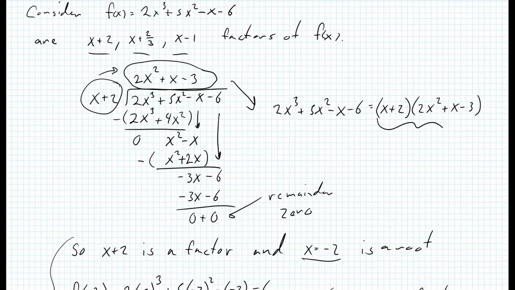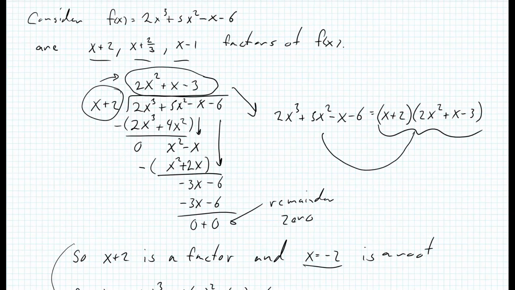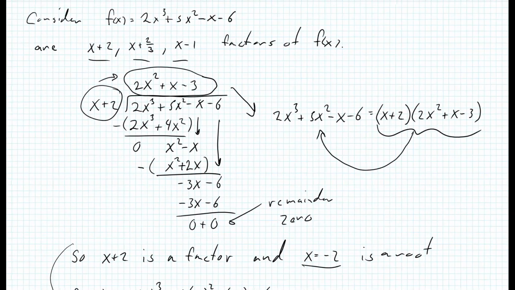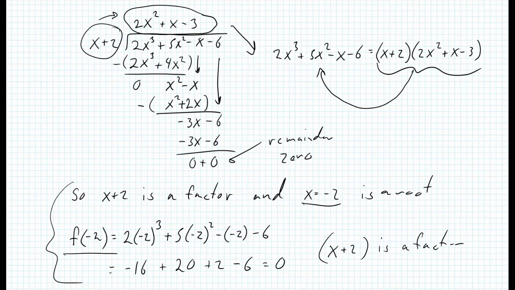If I multiplied out that right-hand side, I would get that. So evaluating the function at a possible root will tell you if it's a root or not, and that tells you whether you figured out the factor or not. But it doesn't tell you how to break the polynomial up into pieces.